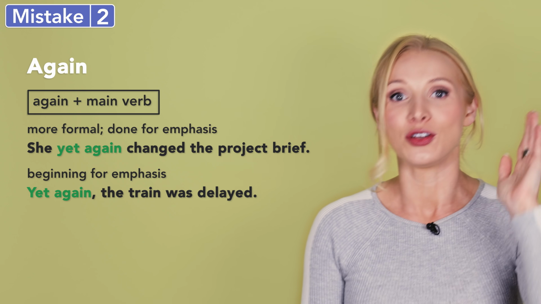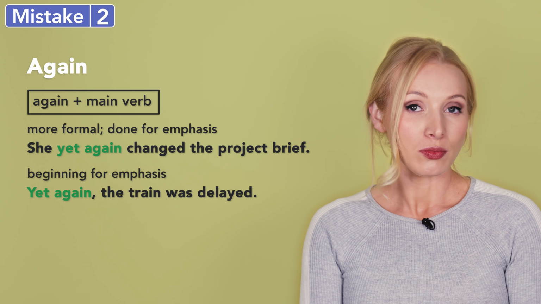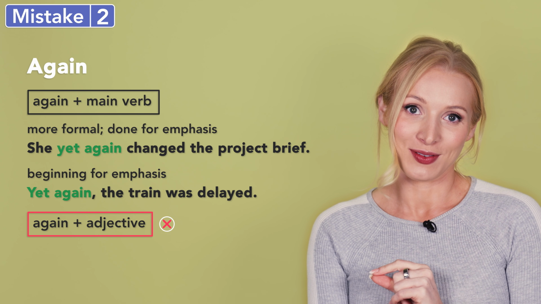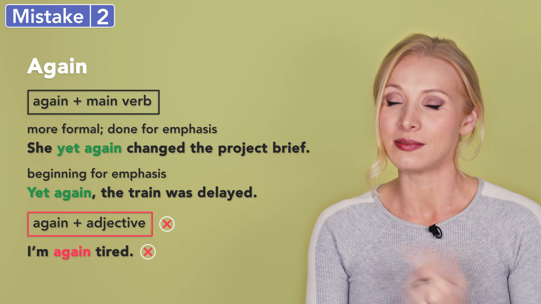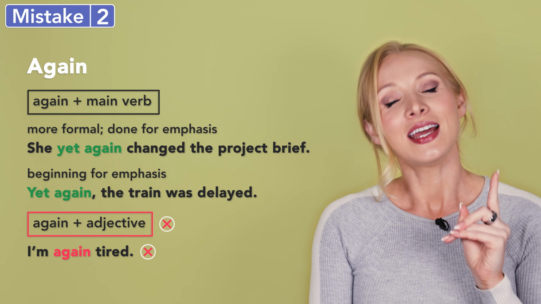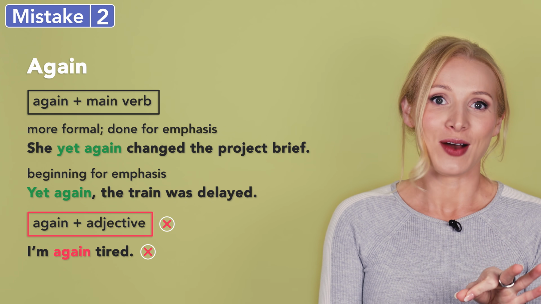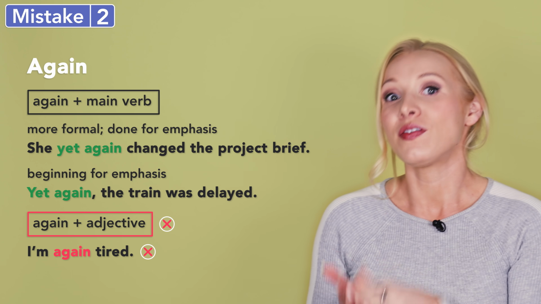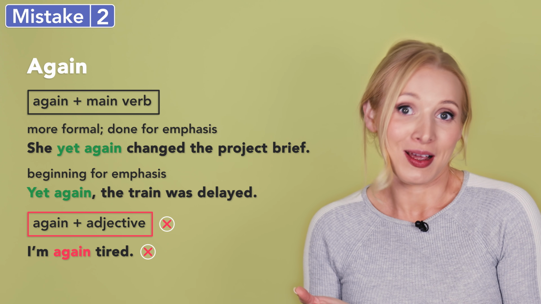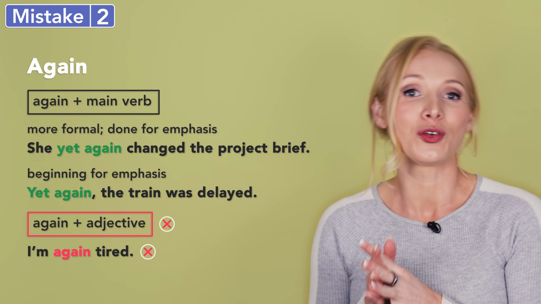Yet again, the train was delayed. But we don't place it before an adjective, so I'm again tired is not correct. It's tricky to get this right, but if you're in doubt, placing again after the clause is a safe bet, as it's the most common neutral option.